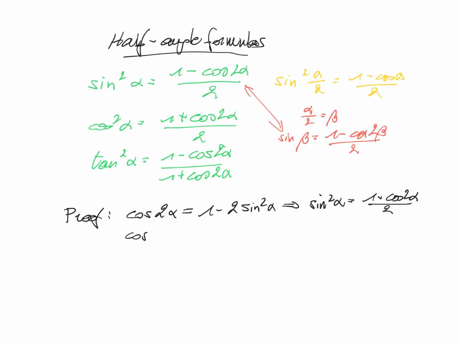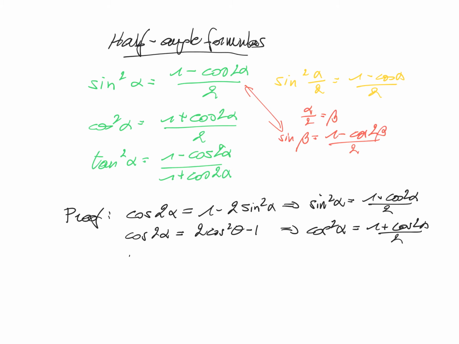We also know that cosine of 2 alpha is 2 times cosine squared of alpha minus 1. Just rewrite this, putting the cosine squared on one side. So cosine squared of alpha is then (1 plus cosine 2 alpha) divided by 2.